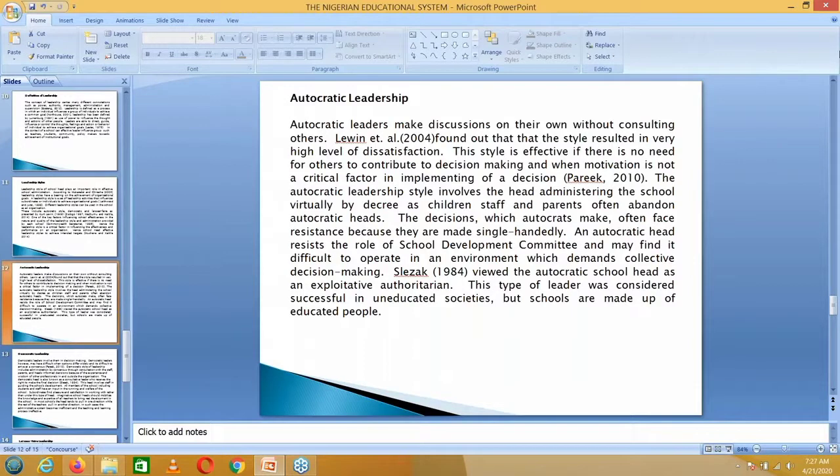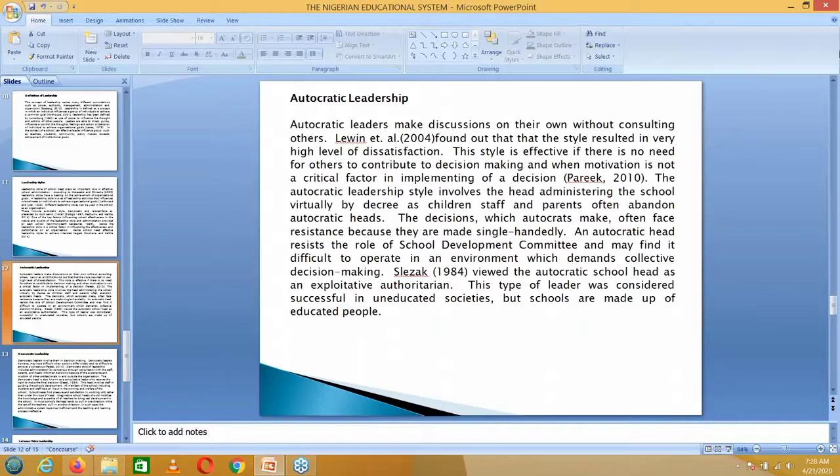Why? Because they are not carried along during the decision making. Every parent will want to know the decision taken by the school before enforcement of such a decision. Hence, a PTA meeting is supposed to be called, where the management will bring out a suggestion to be decided by the parties.